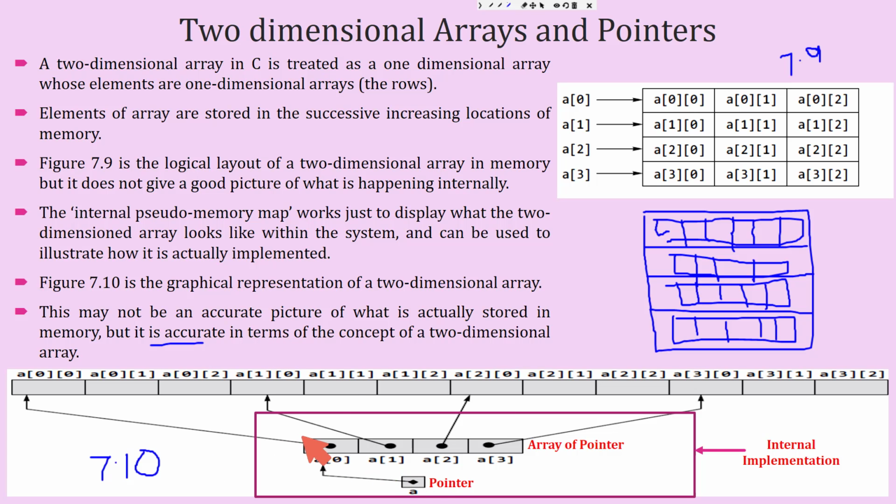So here, when we studied one-dimensional arrays and pointers, I told you there will be an internal pointer. Here we have an internal pointer and also an internal array of pointers, and the internal pointer points to that array of pointers.